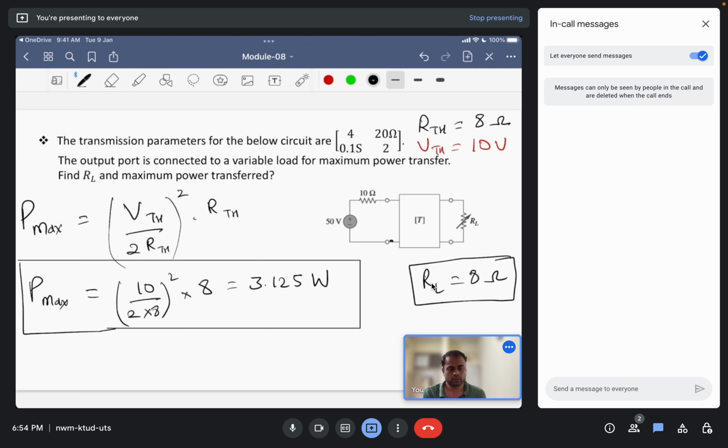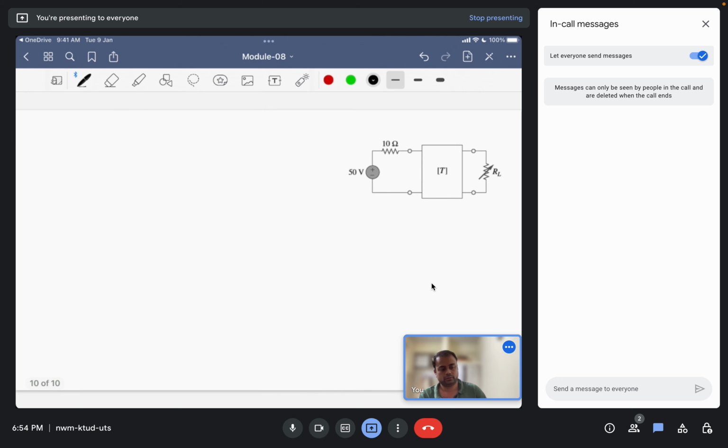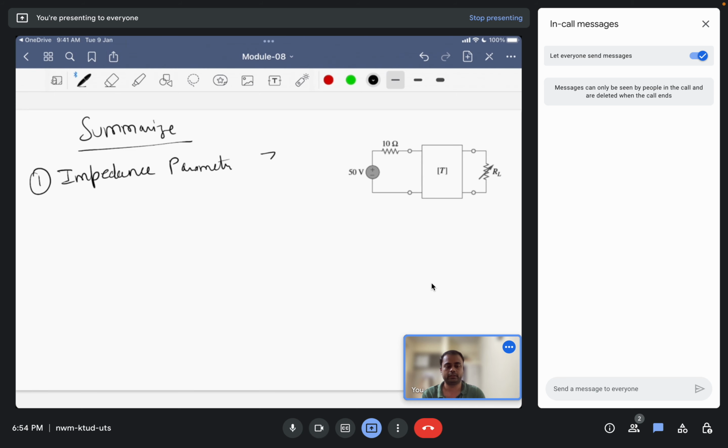To summarize for today's class, we saw the impedance parameters, that is Z parameter. We also covered the admittance parameters, also known as the Y parameter.